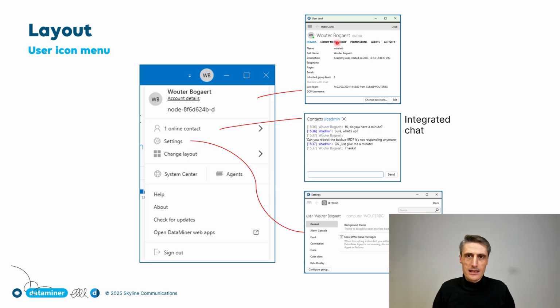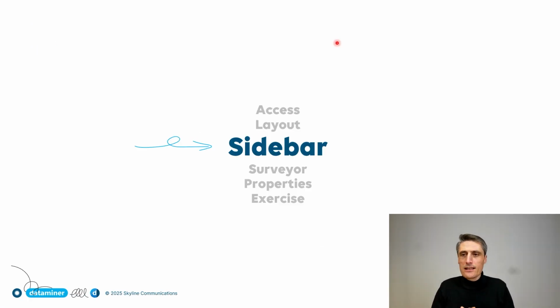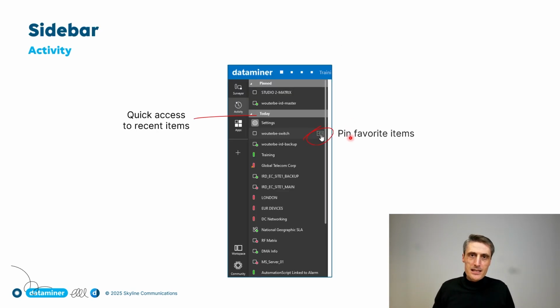Okay, now let's take a look at the sidebar. The sidebar is the bar at the very left-hand side, which contains the important surveyor. I'll come back to the surveyor later on, but let's take a look at the other items in there as well.